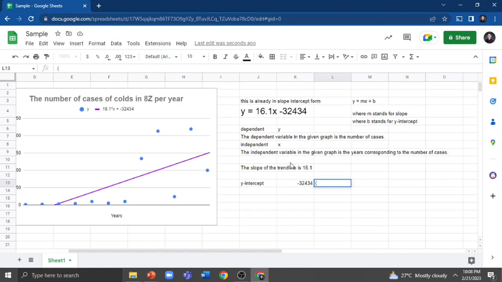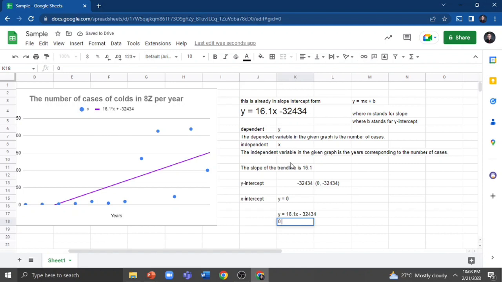And then in this case, our x-intercept is the only thing that you have to solve for in this task, because what you're going to do is make your y equal to 0. In order to do that, using the same equation, y is equal to 16.1x minus 32434, you make your y equal to 0. So this will be 0 is equal to 16.1x minus 32434.